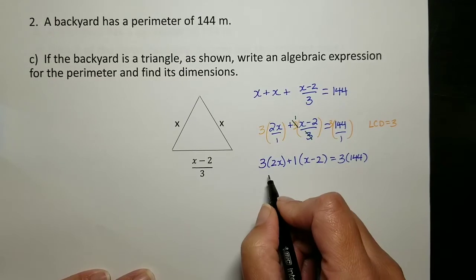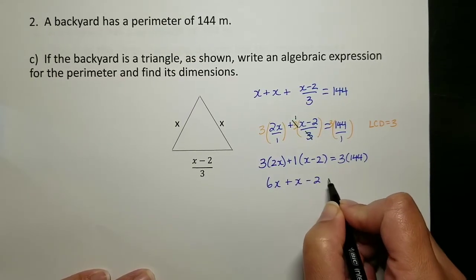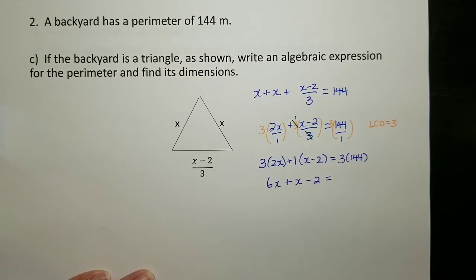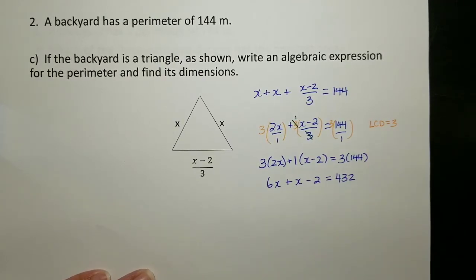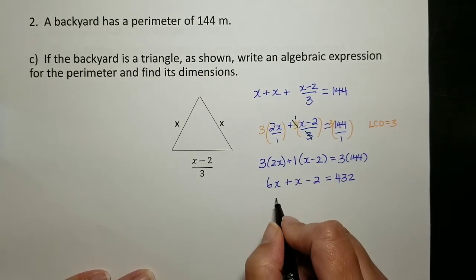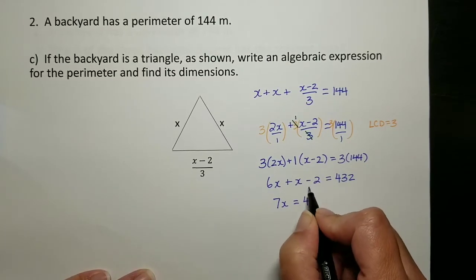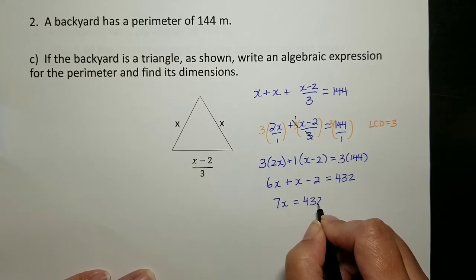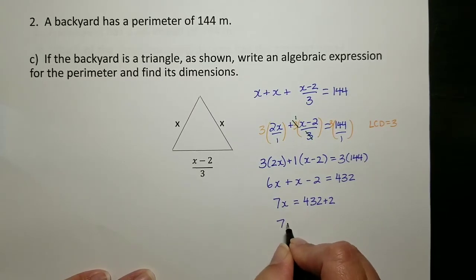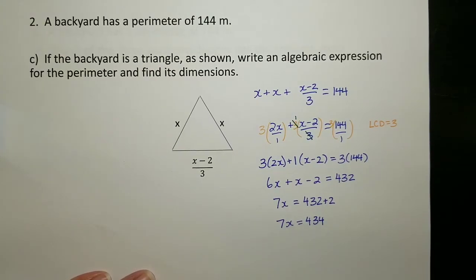And we'll keep on going to figure this out. We get 6x plus x minus 2 equals 144 times 3, which is 432. Now adding these up, we get 7x equals, and I'm going to take the negative 2 and add 2 to both sides. So 7x equals 434.